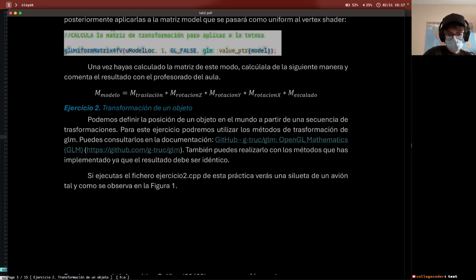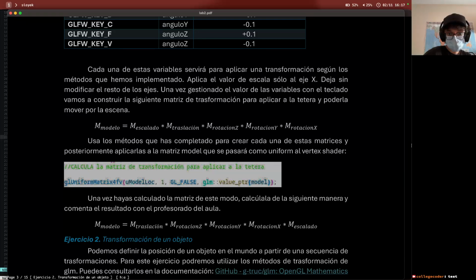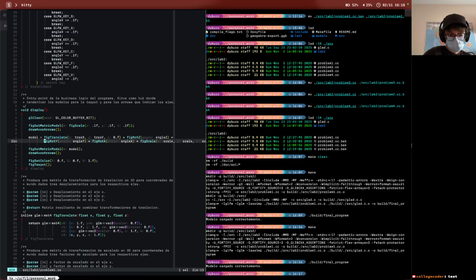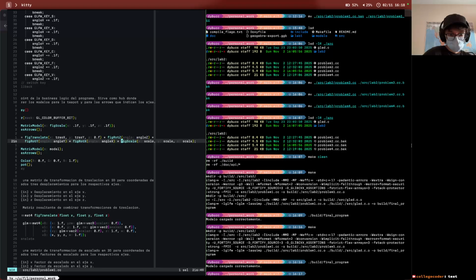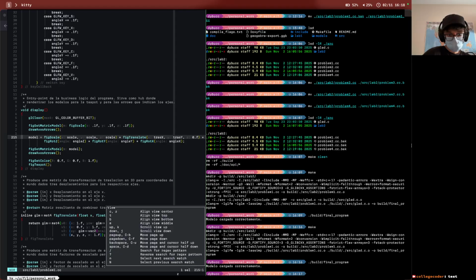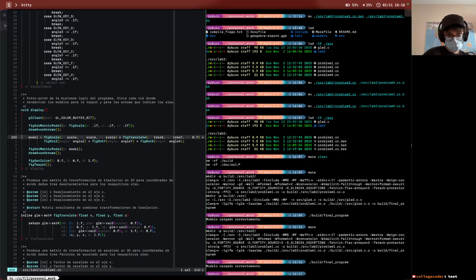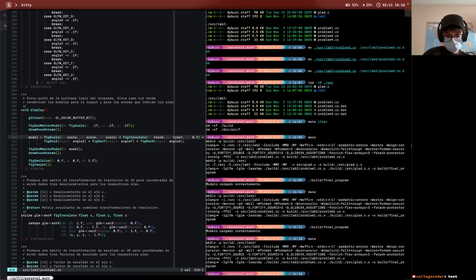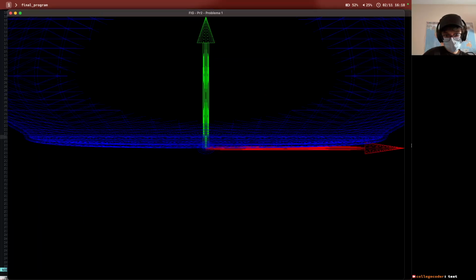So if I keep it, model is going to be scaling, so what we change then is going to be translation and then the rotations. So yeah, dare I say it's correct, right? Maybe it's because of the reverse and that's why the teacher wants us to see that, right? Could be.